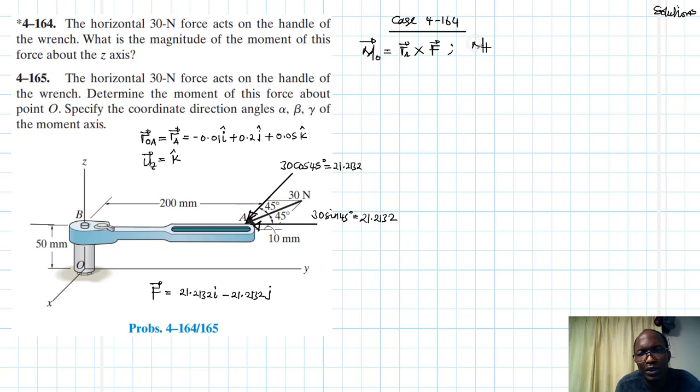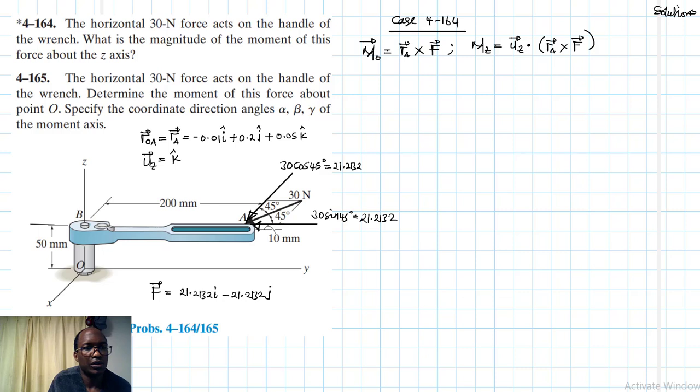Therefore, our moment about the z-axis is just going to be equal to the unit vector along the z-axis dot RA cross F. Okay, so writing this in just one operator, we're going to have a scalar. This is moment about the z-axis as a scalar.